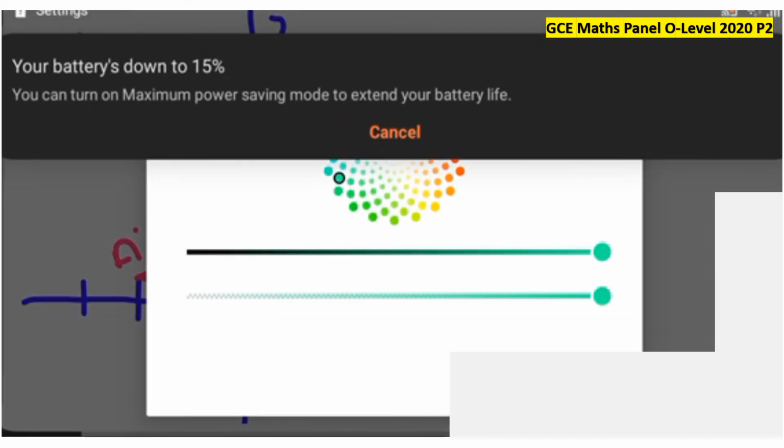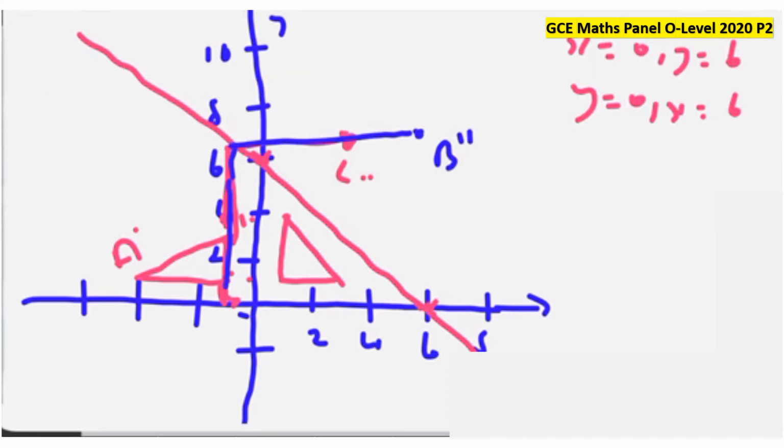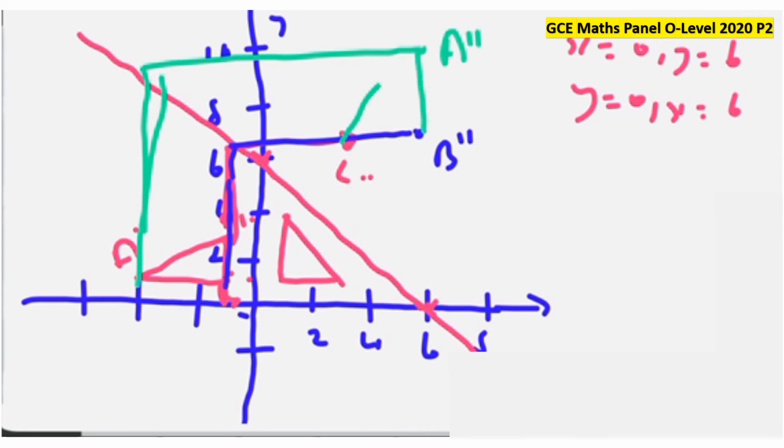And now I'll equally take C and do the same. So for A rather, move A upwards until it touches the line, then I move it in this direction. And you find that my A prime prime will fall here. This is the point. So this is a reflection of this. This is the triangle that we obtain.